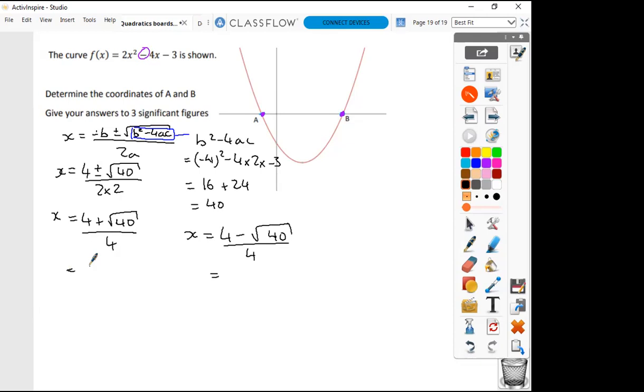What am I saying? Three significant figures, 2.58 and negative 0.581. Yeah, so we double check.